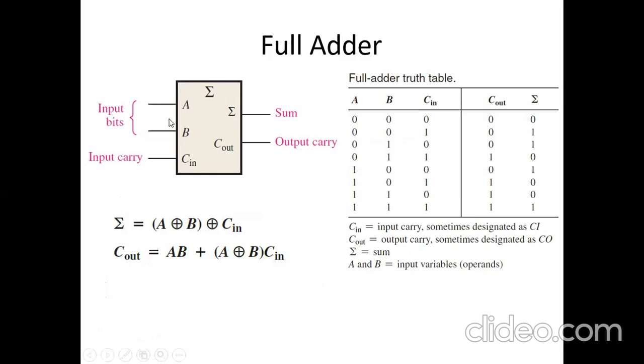So it adds 2 input bits with an input carry, and it produces 2 outputs: the sum and the output carry. The sum function is defined by the exclusive OR operation between A, B, and C in, whereas the C out is defined by AB plus (A exclusive OR B) and C in.